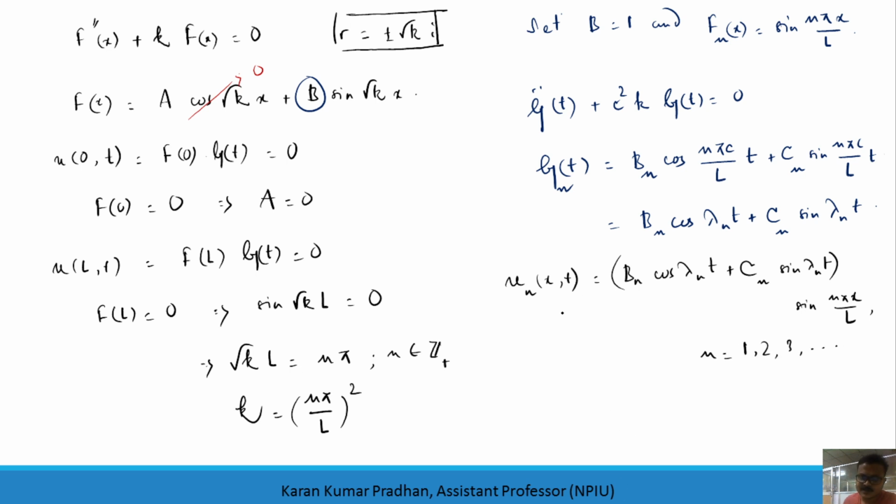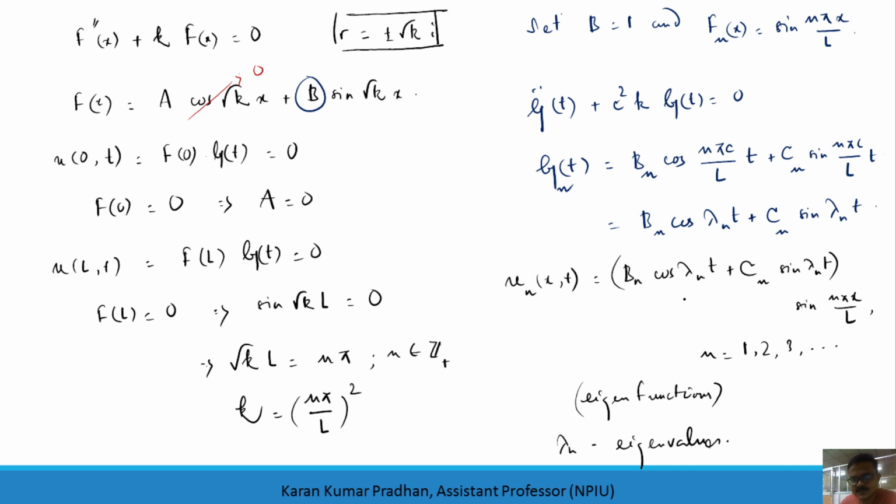These are called the eigenfunctions, and this lambda n, the eigenvalues, will give you the frequencies, and the eigenfunctions will give you the mode shapes.